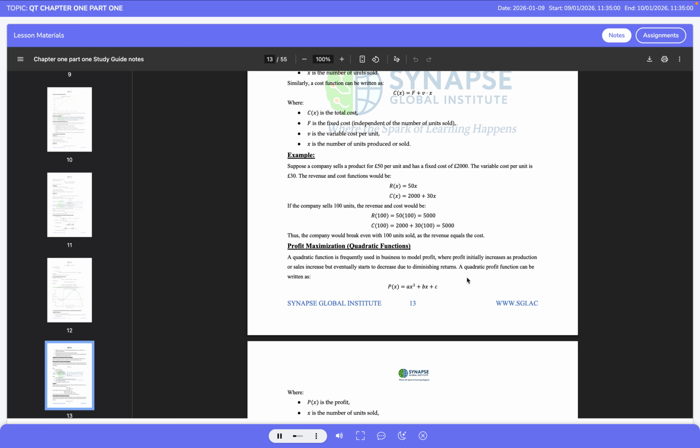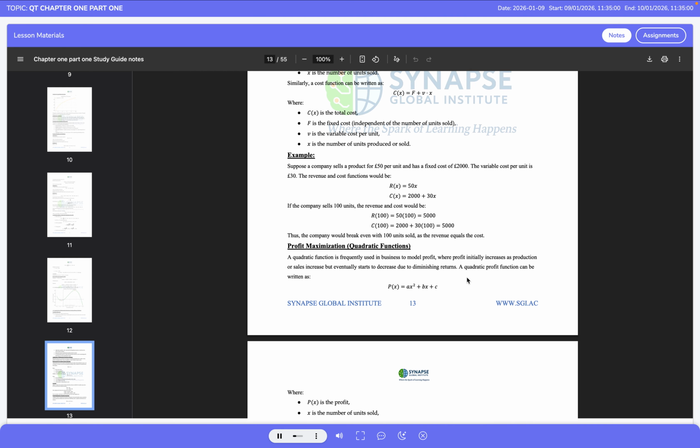If the company sells 100 units, revenue is R(100) = 50 × 100, which gives 5,000, and cost is C(100) = 2000 + 30 × 100, which also gives 5,000. In this situation, the company breaks even at 100 units sold because revenue equals cost.